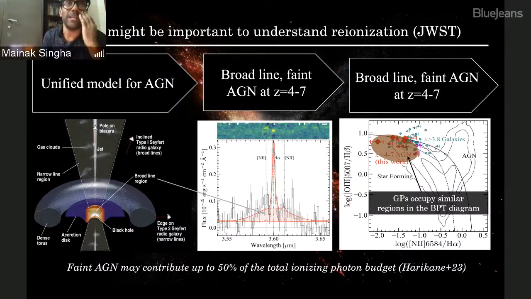In 2015, Madau and Haardt wrote a beautiful paper, and they suggested that if there is a sufficient amount of low-luminosity AGN at redshift 4 to 6, those AGN can mostly dominate the reionization energy budget, with very little contribution from star-forming galaxies.